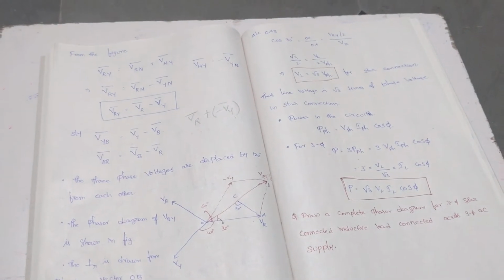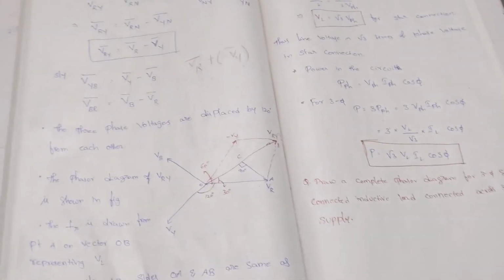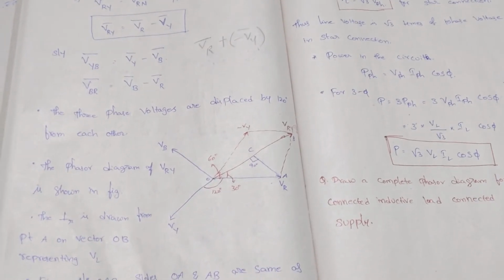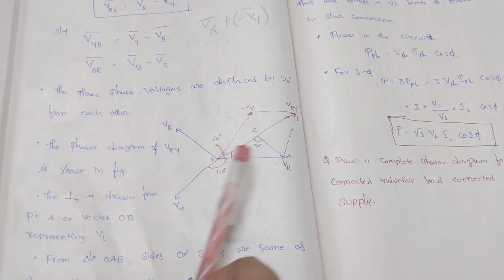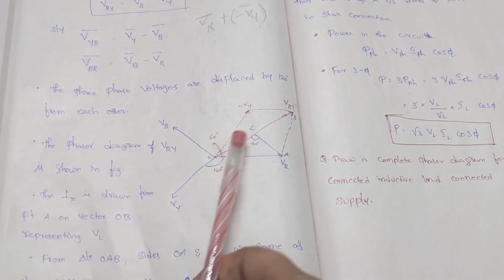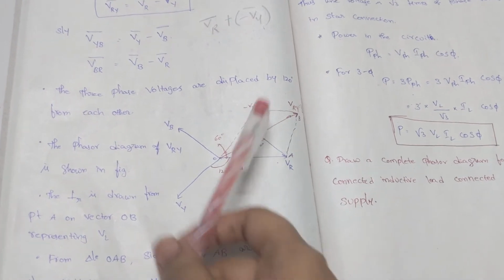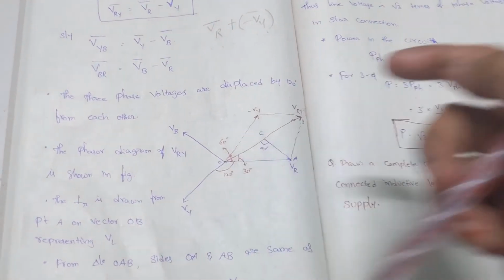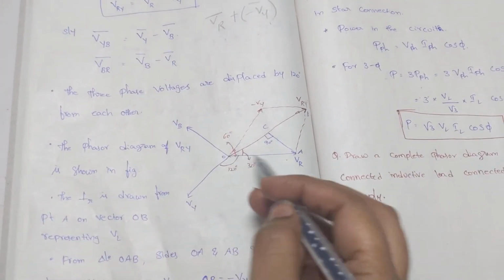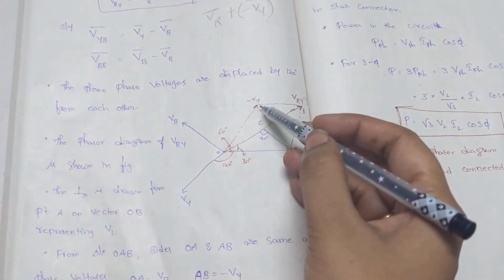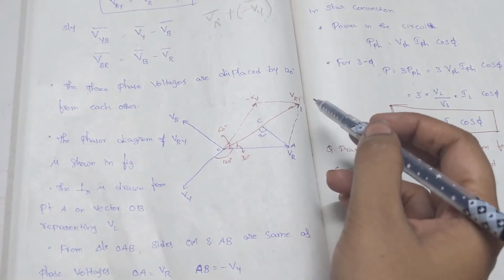Now, by using the parallelogram law from your 8th class, if you want to add two phasors, we draw parallel lines of the phasors. For the VR phasor we consider this parallel line, and for the other one we consider these two parallel lines.